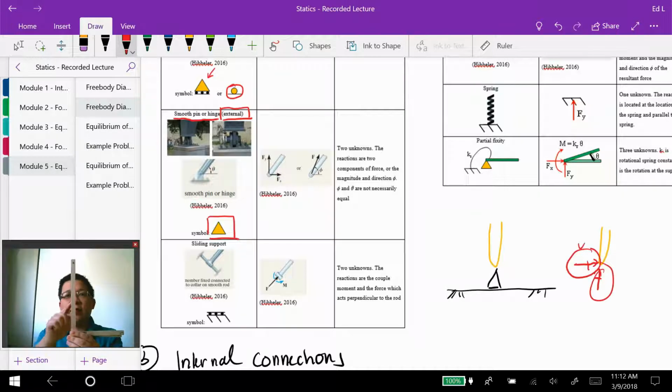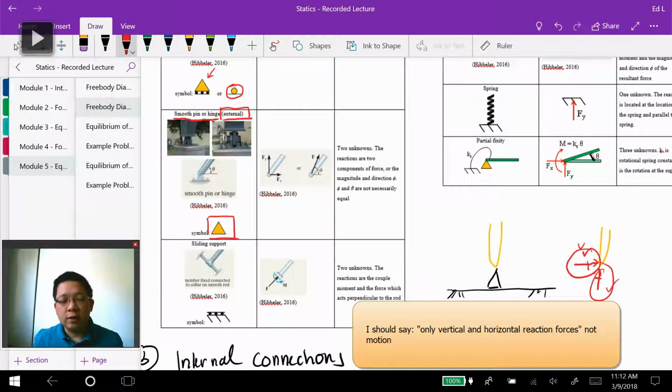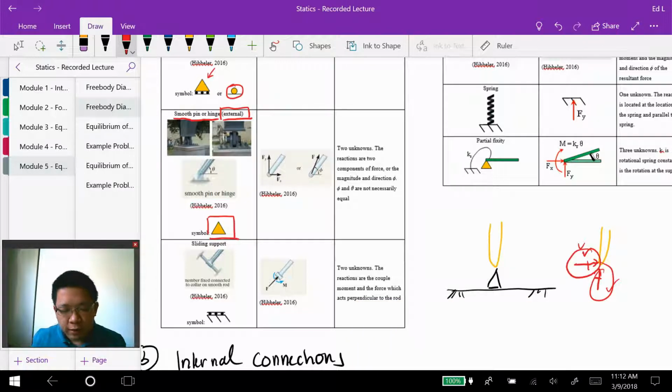However, here we see that the member is still free to rotate. So in the pin connection, there is no moment reaction. Remember that in a pin, there is only horizontal and vertical reaction, because a pin restricts the motion of the structure in the vertical and horizontal direction.